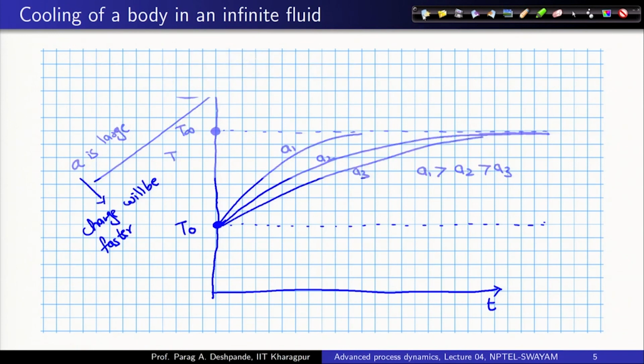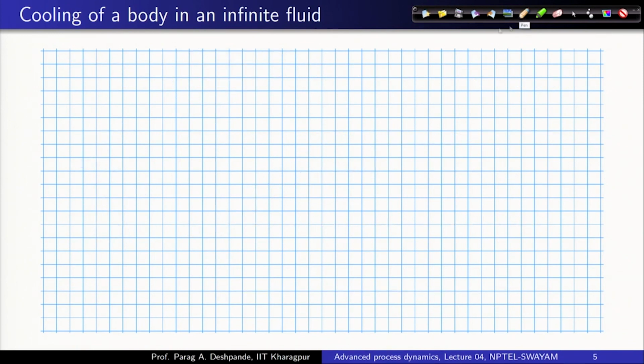So, our new situation is like this: you have T 0 equal to T subscript 0, T equilibrium equal to T infinity, and now T 0 is greater than T infinity.